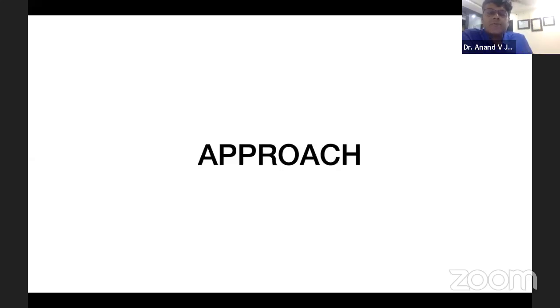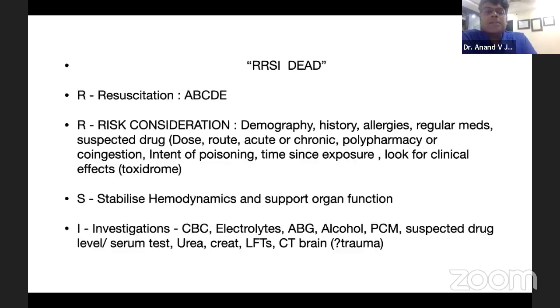There is one approach which is quite popular among the registrars in Australia, and they go by the mnemonic RSI dead. Whenever you come across a poisoning in an emergency department, you follow this checklist so that you don't miss anything as far as poisoning is concerned.